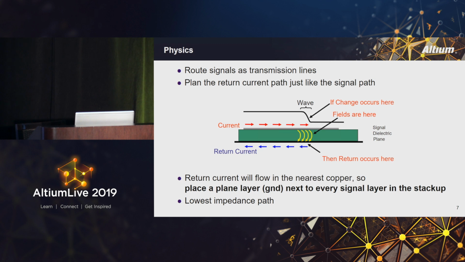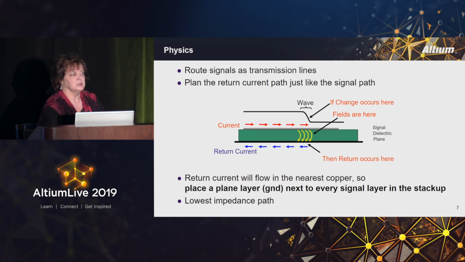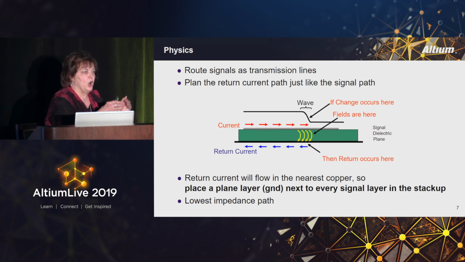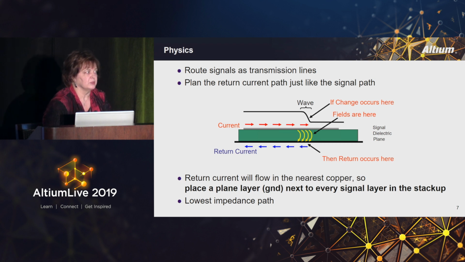If the signal's coming down the trace here, it's returning as it goes along. It's constantly returning back to its source at the point where it is on the trace. So routing as a transmission line means you don't have any openings in that return path. You have to have a closed return path, a good low impedance return path, which is the plane.